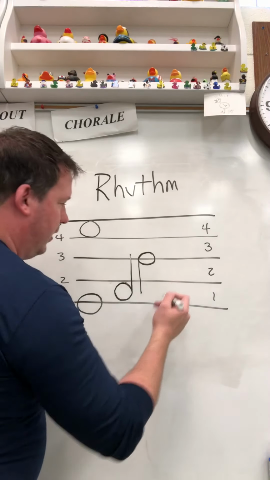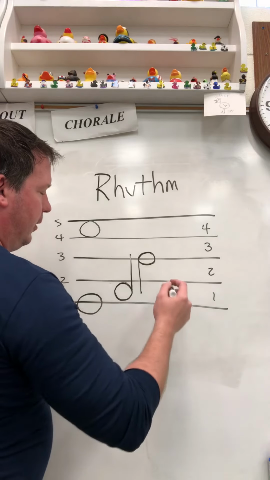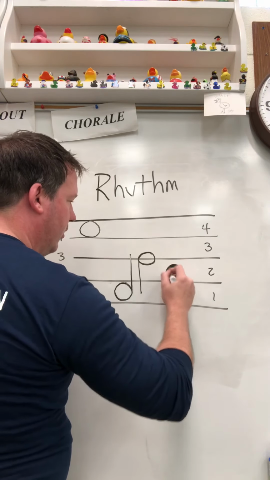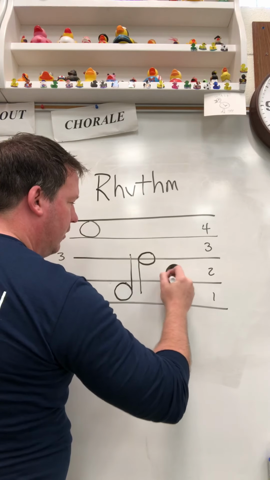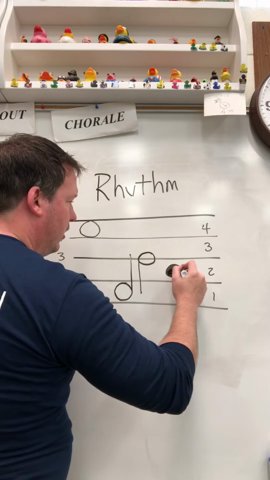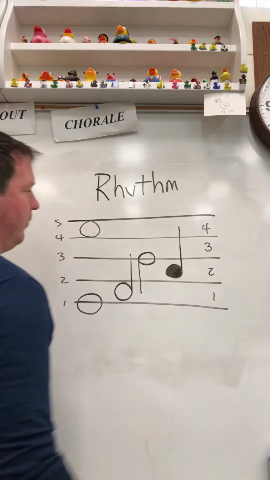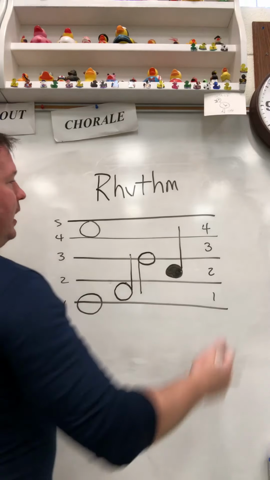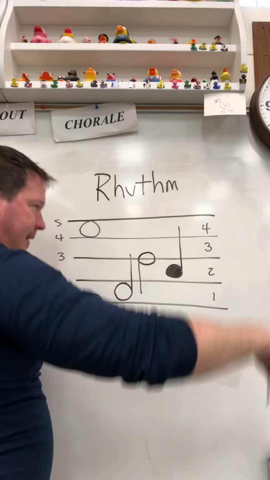Quarter note. We're going to put our quarter note here in space number 2. We're going to color it in. And then we're going to put the stem up on the right hand side. Now as we pass line 3 and go up, it's going to go down.